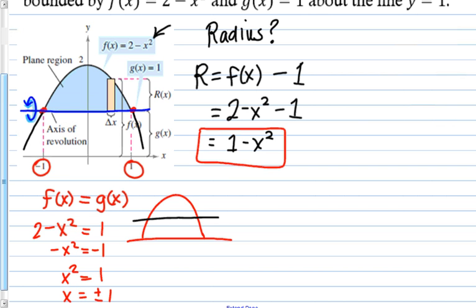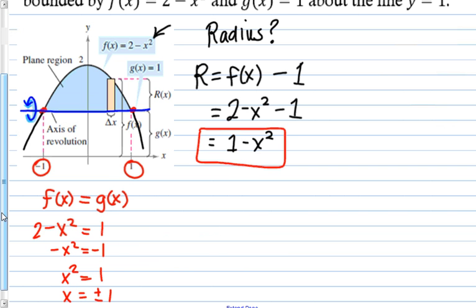Now, if this was my graph, and it did continue on like this, and I decided to revolve it across y equals -1, guess what would happen there? I would have f of x minus -1, so it would actually add it, because I am adding a piece to the graph. Okay, so anyway, now we just do volume, and that's the easy part, I hope.